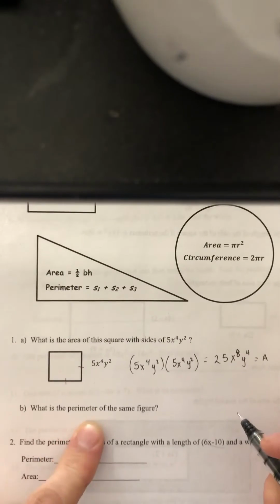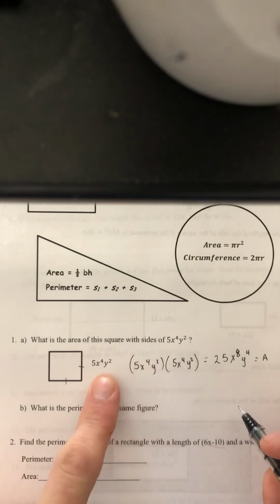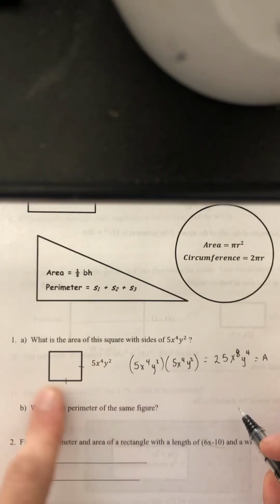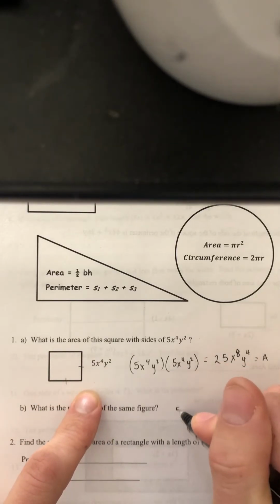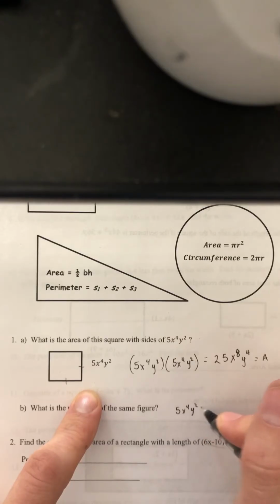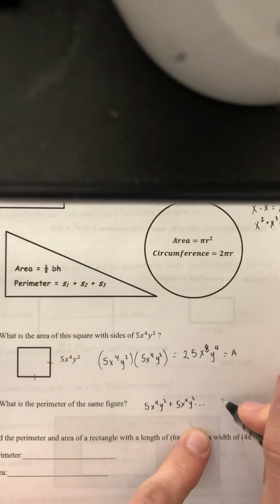The perimeter is this amount 4 times, so we're adding. You could say 5x to the fourth y squared plus 5x to the fourth y squared, and so on. Another way of saying that is let's just multiply 4 sides times the length of each side.